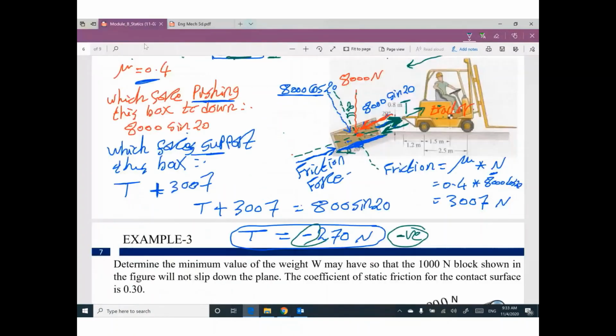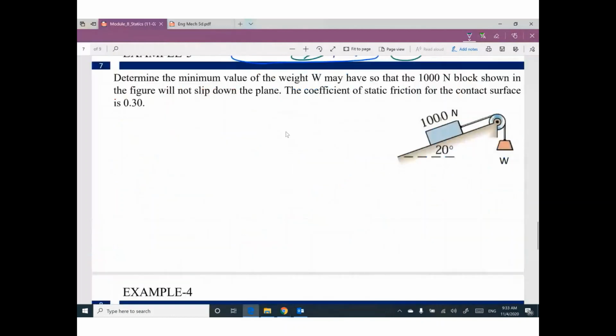Let me do one more example. We have an inclined surface with angle 20. And we have a box, a block with weight 1000 Newton.